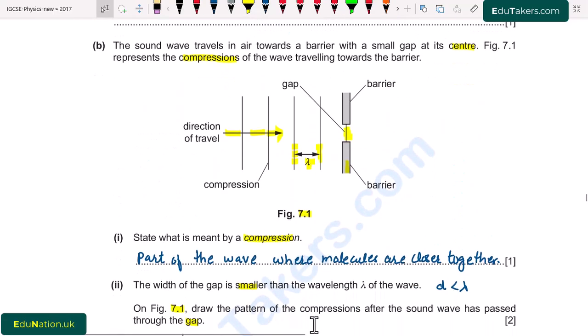Going back to the figure, first of all I erase all of these, and here we can see that the wavelength is larger as compared to the separation or the gap in the barrier. So in this way the diffraction will be larger.